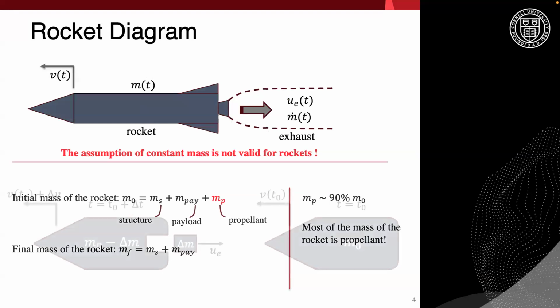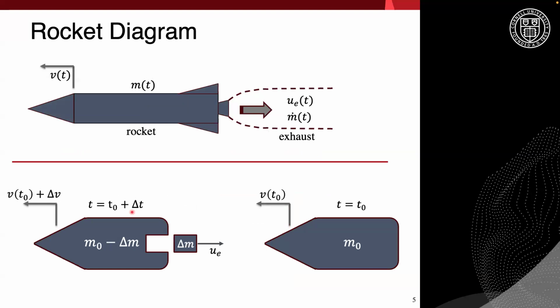So we can also show this diagram that explains better how a rocket works here. On the diagram on the bottom, at a given time t0, the rocket has a mass m0 and a velocity v(t0). And then after a short time delta t, some of the mass of the propellant is being expelled.